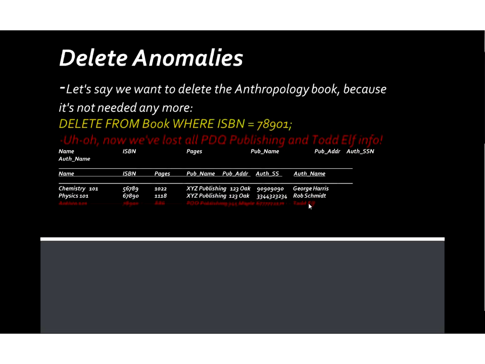We have to repeat data entry. And each time we repeat data entry, we run the risk of an incomplete or an incorrect entry, because we have to depend on people typing these things in, and people make mistakes. So we could eventually have a lot of different versions, let's say somebody thinks Elf is spelled with 2 F's, another person thinks Todd is spelled with 1 D, or they mistype the author social security number.